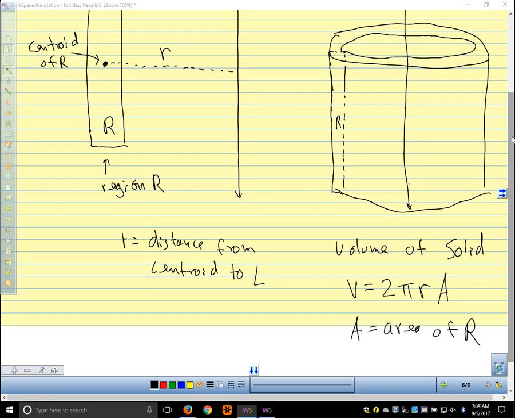And you can prove this by finding the volume in other ways that we already know how, and finding the centroid and showing that those two quantities are the same. So if you have a nice, easy region, a region where it's easy to find the centroid, we can find a volume of revolution very easily using the Theorem of Pappus.